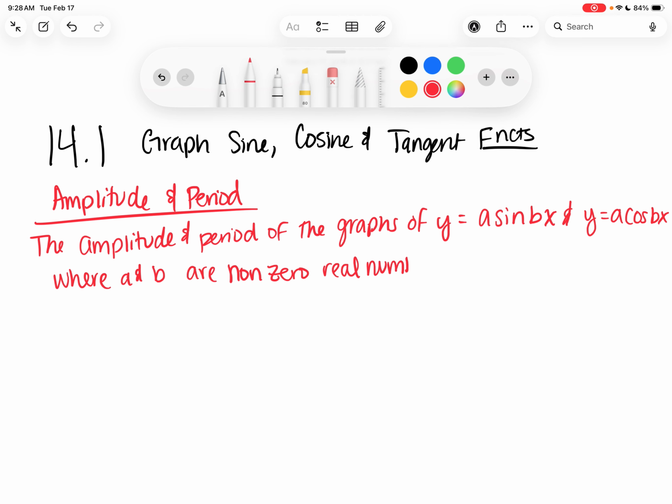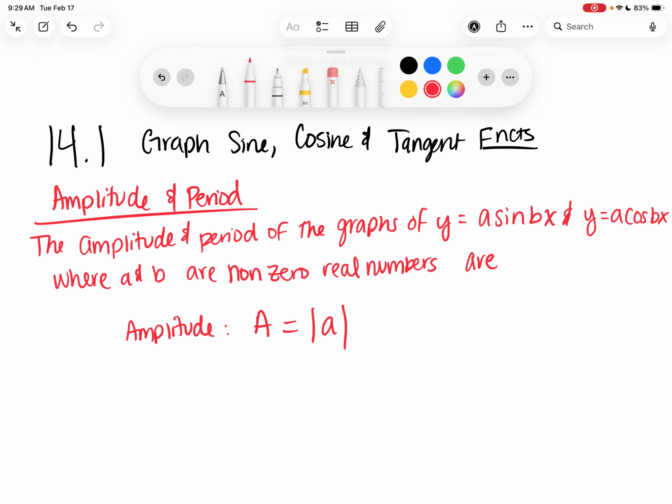So they could be positive or negative, just not zero. These are our formulas. Amplitude, and I'll normally just write a capital A for that, is equal to the absolute value of lowercase a.